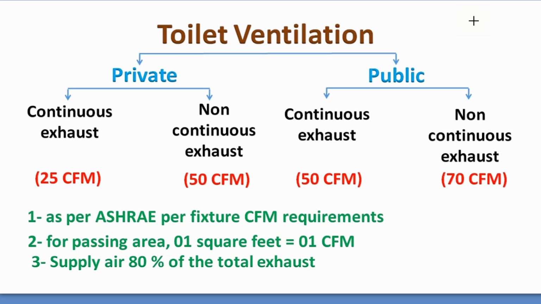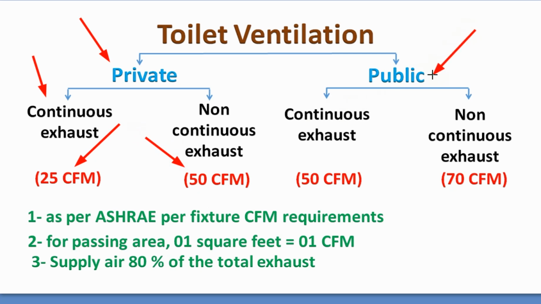For toilet ventilation calculation, we can summarize like this. For private type of toilet, if the exhaust fan is running continuously, then for one toilet we need the exhaust air 25 CFM. But if we are using the exhaust fan when we are using the toilet, then for one toilet we need exhaust air 50 CFM.